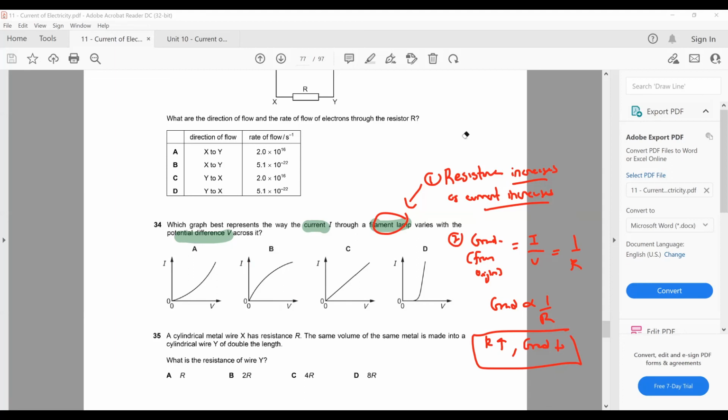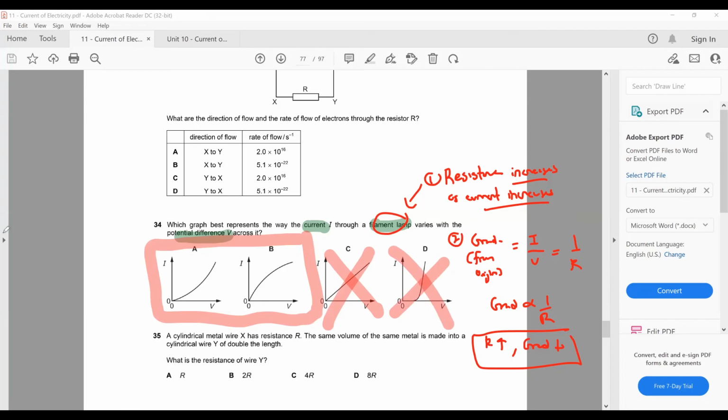Okay, so you look at this one. For filament lamp, you remember the shape is either these two. This one could be more for ohmic conductor. This one could be more for diode. So it's either these two, so you want to be certain which one is which. So this one, you just draw something like this. Look at how the gradient changes from the first point to the second point to the third point.